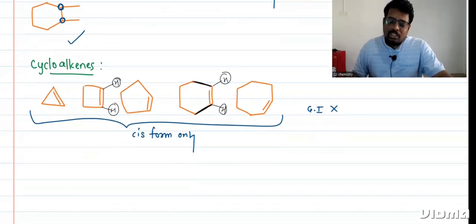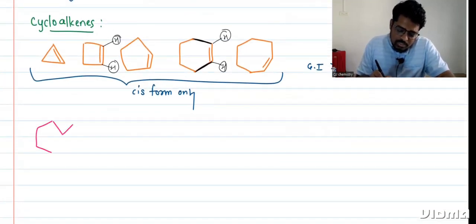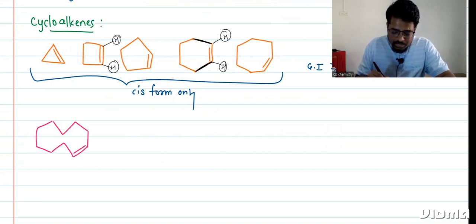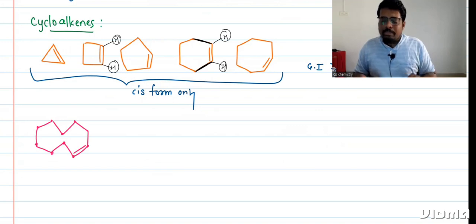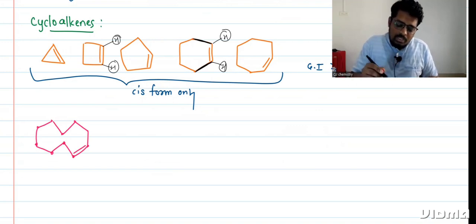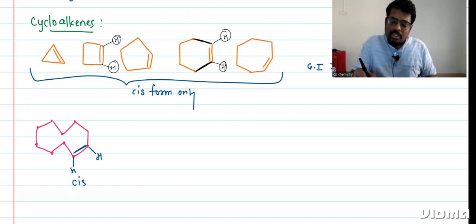For example, suppose the compound is this. Let us count the number of carbon atoms: 1, 2, 3, 4, 5, 6, 7, 8, 9, 10. 10 carbon atoms, right? So a 10-membered ring. Now, one double bond is there. In this double bond, let us identify the form. Here the hydrogens lie on the same side, so this form is cis, right?